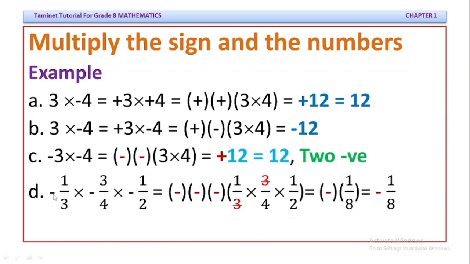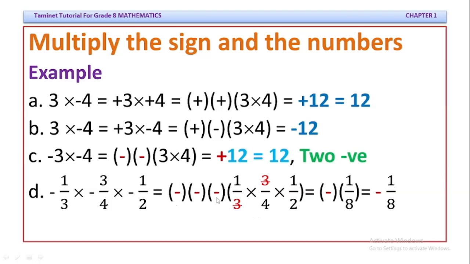Here also negative, negative, negative. The 3 factors are negative. So take the signs first, negative, negative, negative, and multiply the numbers without the sign. So finally we can simplify. 3 by 3 will be cancelled. This is 1 times 1 over 1 times 1 is 1. 4 times 2 is 8.